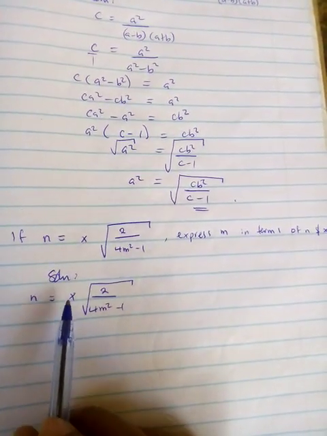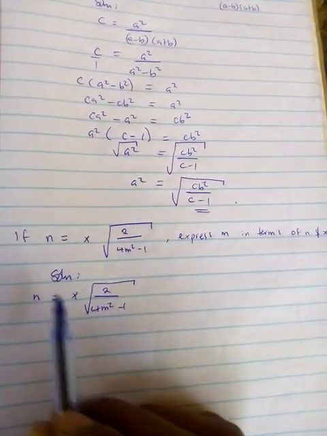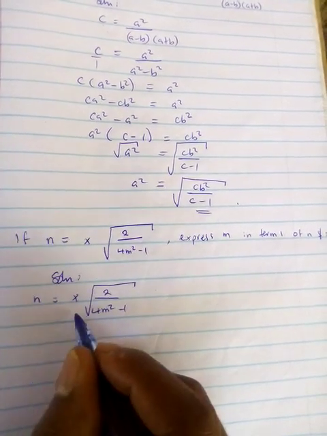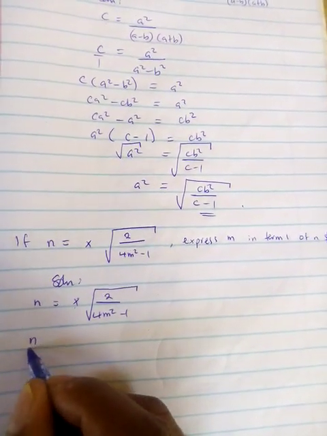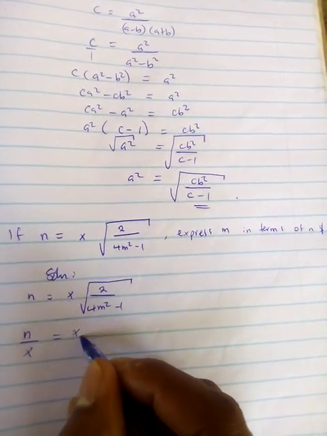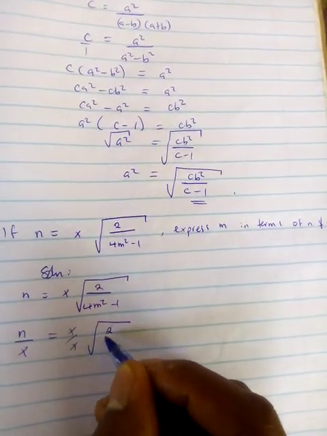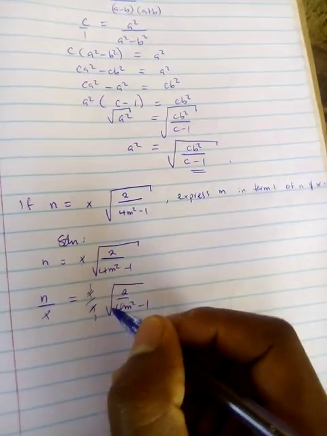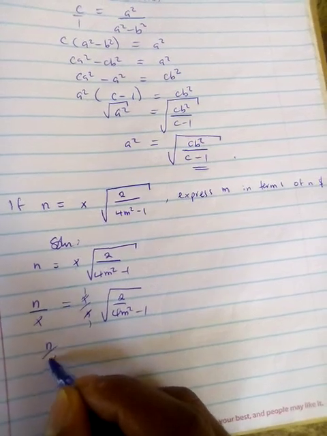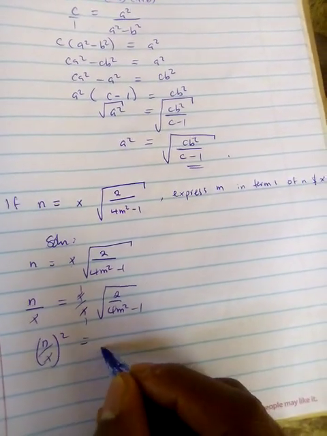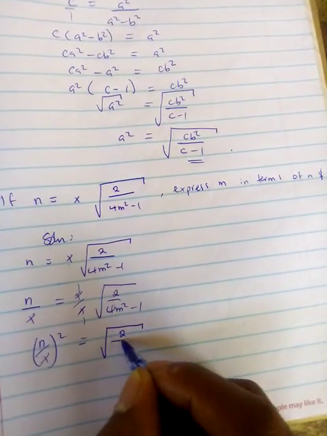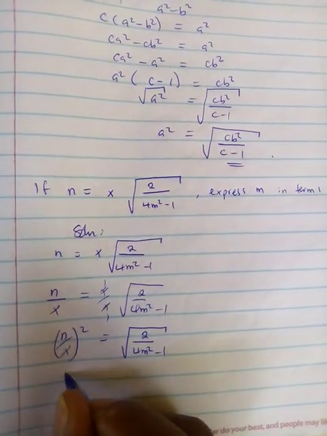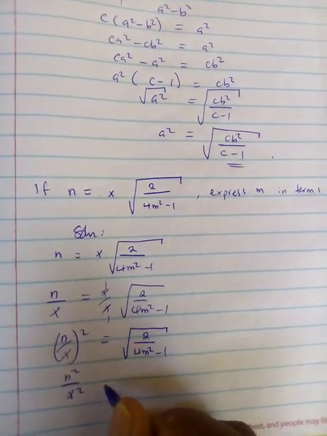So the first thing is we can square both sides, or we can first remove the x here, so that I divide here by x, such that n out of x is equal to x out of x, which is 1, times the square root of 2 out of 4m squared minus 1, so that I can square both sides now. N out of x squared will equal the square root of 2 out of 4m squared minus 1, such that I have this as n squared out of x squared.